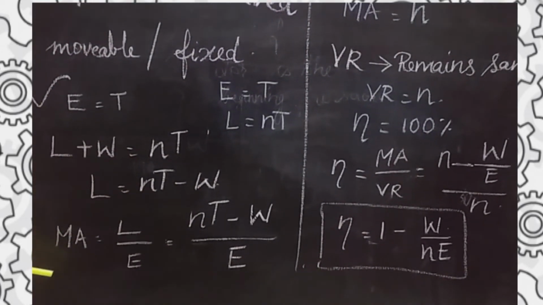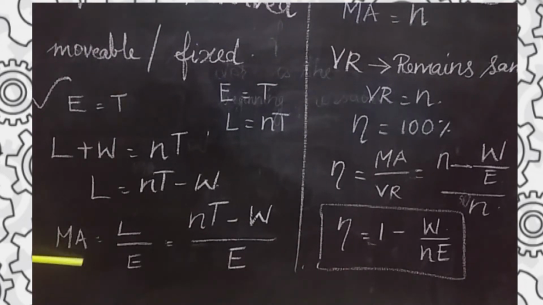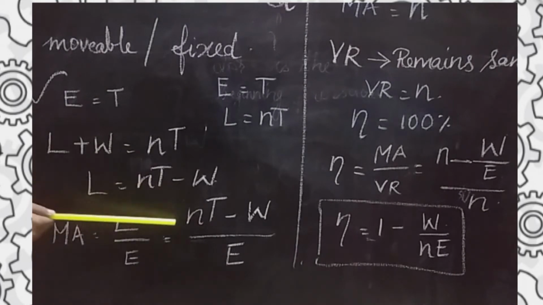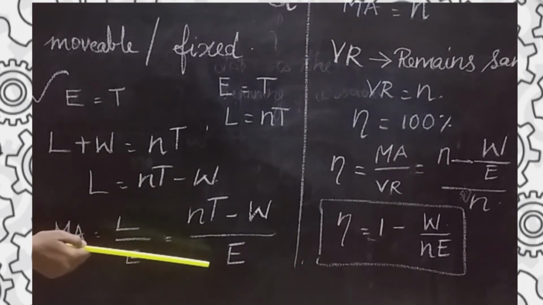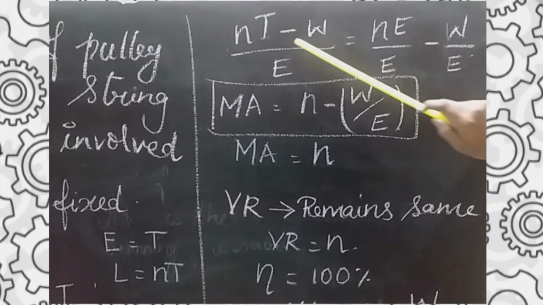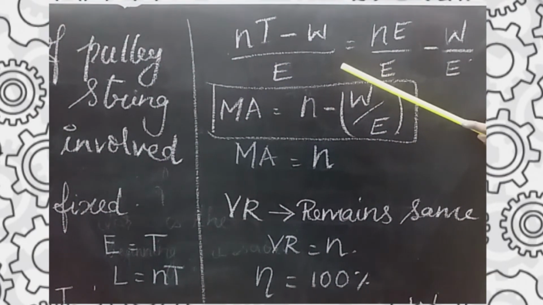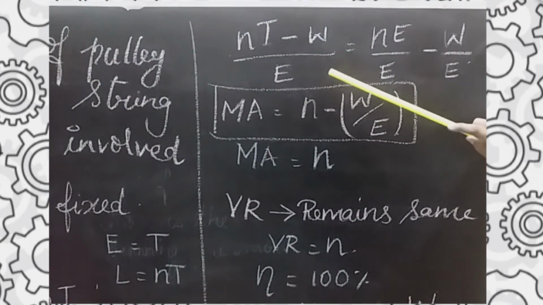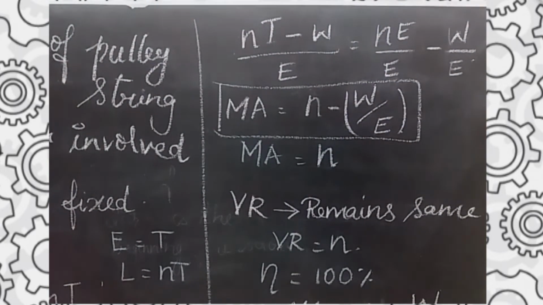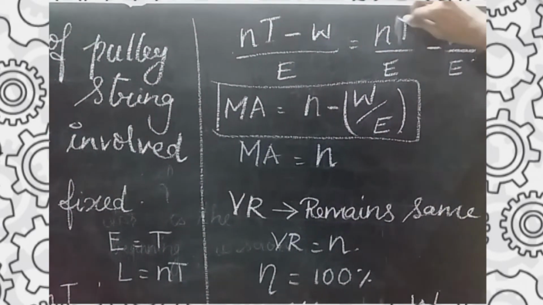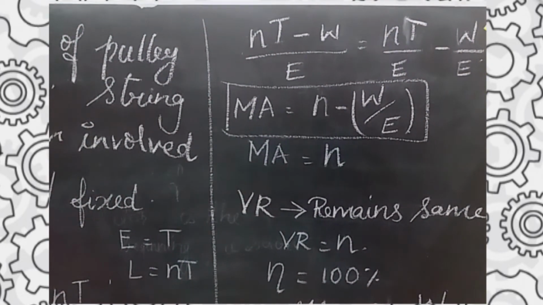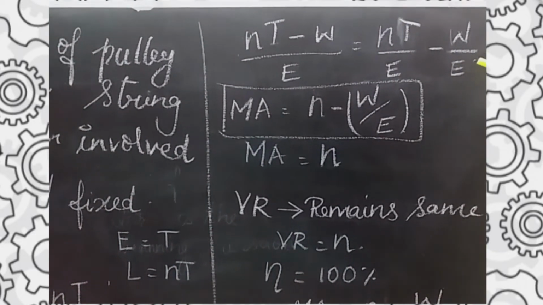So now let's substitute in the formula. Mechanical advantage is equal to L by E. What is the value for L? L is equal to NT minus W, and we are going to put E as such. Let's solve this equation. In NT minus W by E, E is the denominator. I'm going to divide this denominator into both the numerators. So I can write NT by E minus W by E. What is the value of E?